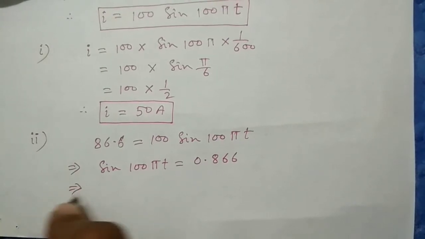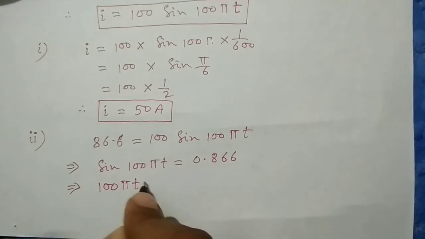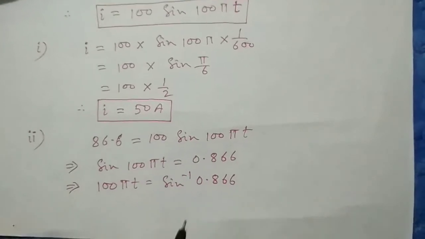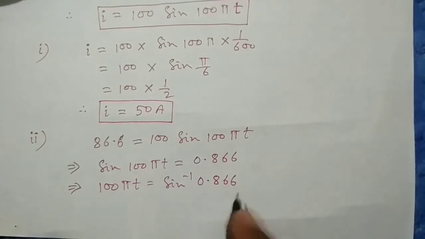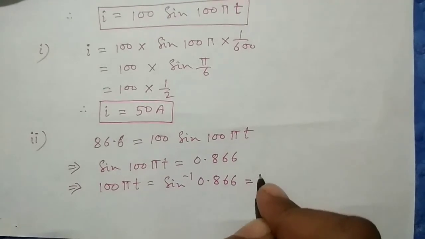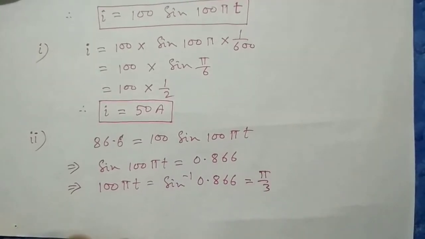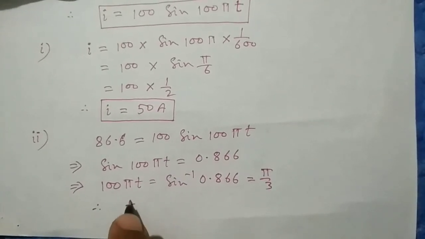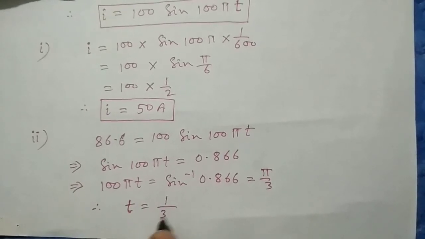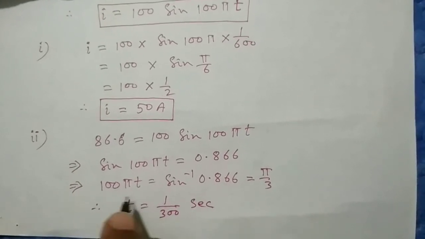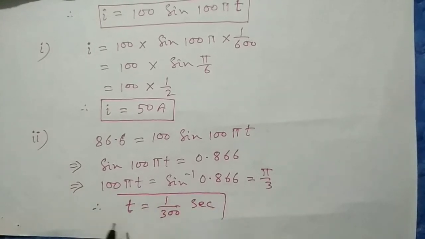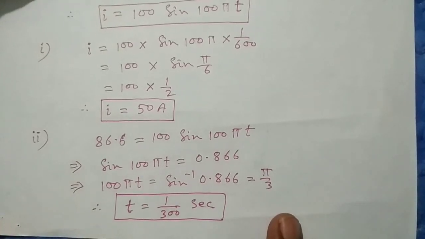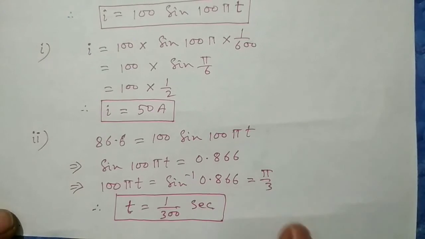Or 100 pi t equal to sine inverse 0.866, and if we convert it in radian we will get pi by 3. Therefore our time will be 1/300 second. That means after 1/300 second, the instantaneous value of the current will be 86.6 ampere.